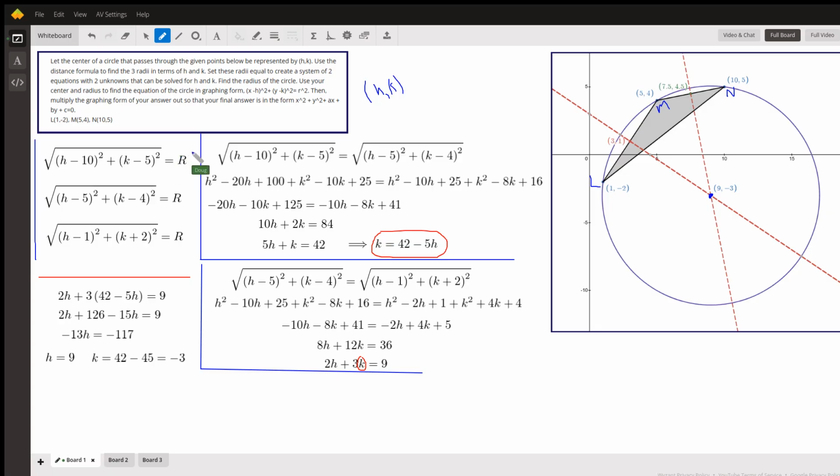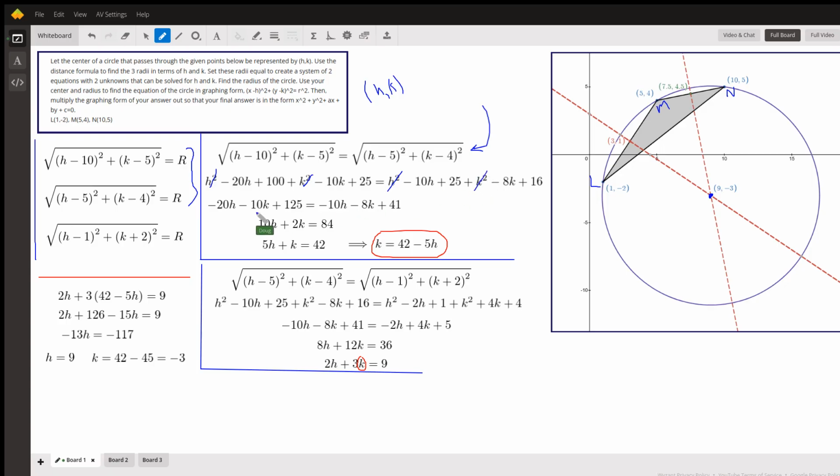So if I take this pair right here, which I've done right here, square both sides, that removes the radicals, then square the binomials, that's what I did on this line. Notice that the H squareds cancel out and the K squareds cancel out.